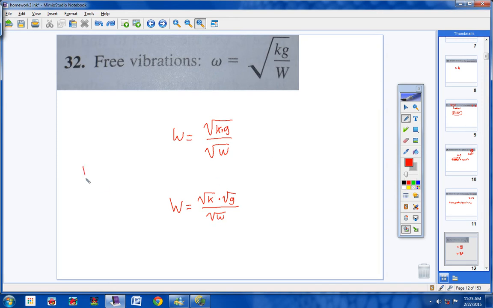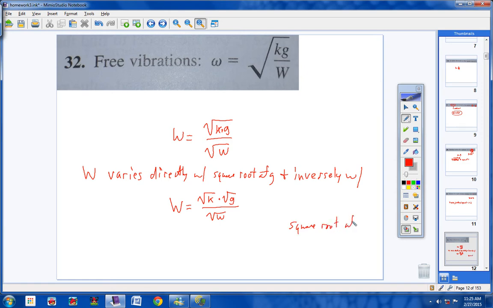So we're going to say w varies directly with the square root of g and inversely with the square root of w. Got it? There it is. W varies directly with the square root of g and inversely with the square root of w.